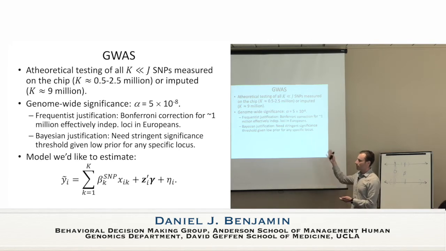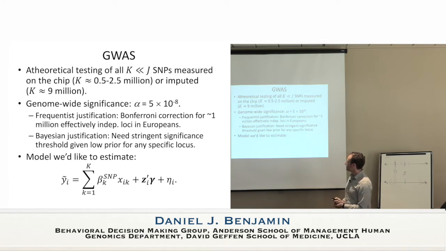So these were also on the problem set, going through these justifications. And as Andrea mentioned, there was discussion in the early days of GWAS about what the threshold should be, and over a few years, both of these kinds of arguments converged to this value.